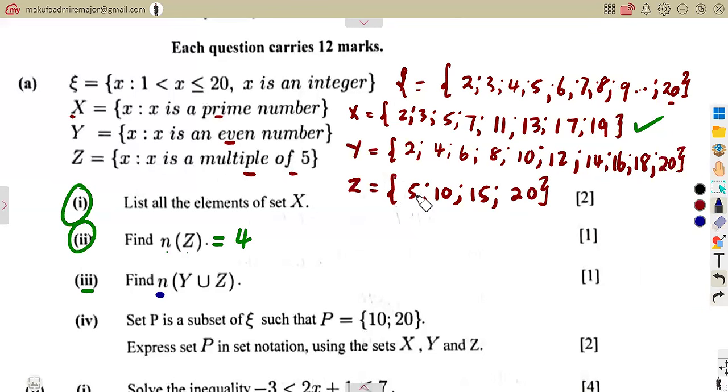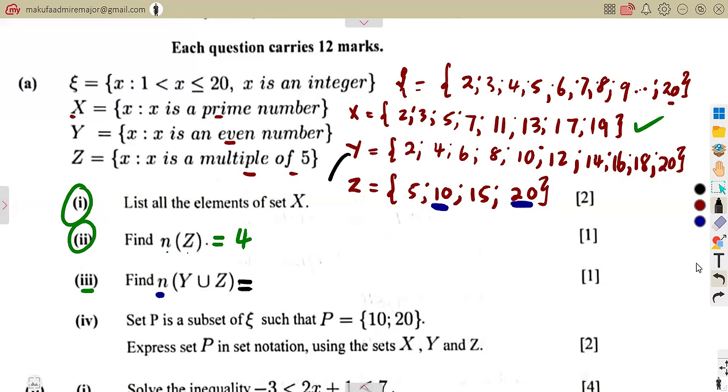If you check in Z, we have the 10, which is there in Y. So we are not going to count this; we count it once. We have 20, which is also in Y, so we're not going to count this. When you are counting, because we need the number, how many elements are there? We are going to count the union.